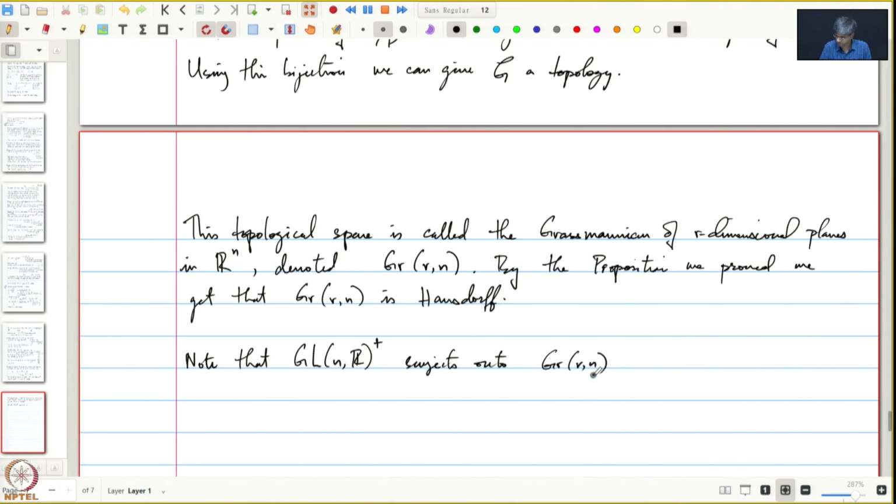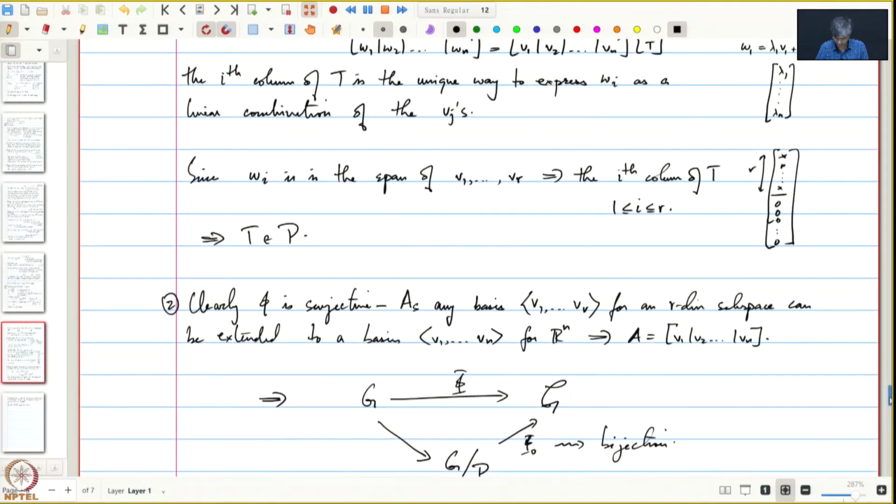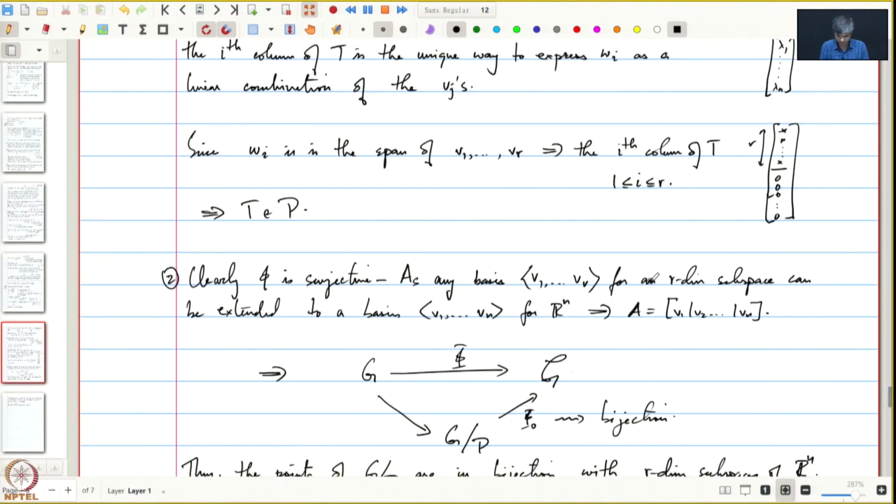Why is that? Given an r dimensional subspace, we choose a basis V1 through Vr for this subspace and extend it to a basis. So we get this matrix A. If the determinant of A is negative, then we just take the last column and put a minus sign: instead of Vn, we take minus Vn.